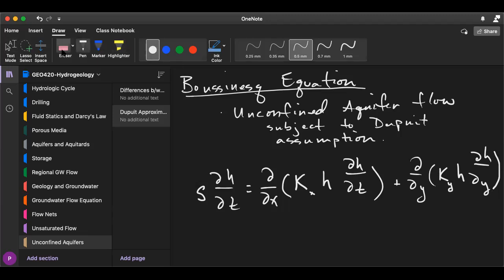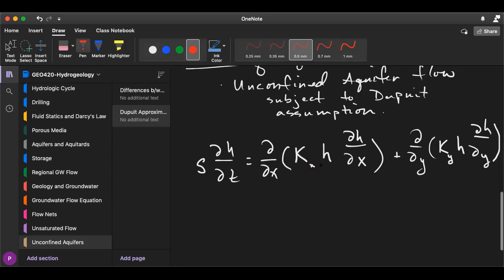Yes, thank you, Autumn. Good catch. So the main difference here is this guy. We have this extra H term. We're saying that the head or the thickness of the aquifer varies spatially. Also, there's no vertical flow, so there's no d dz.